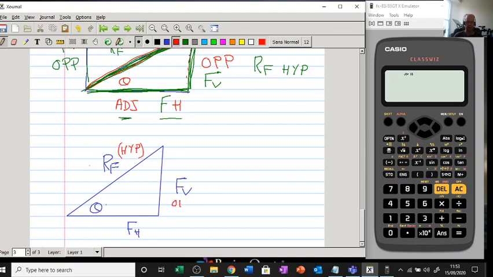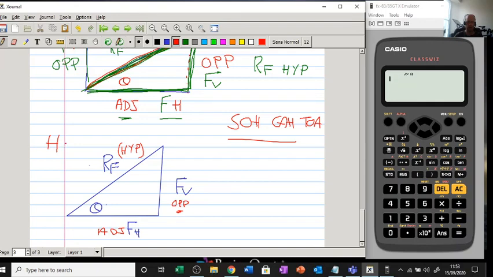This is the opposite, and this is the adjacent. So, trigonometry. If I want to work out the opposite, bearing in mind I know the hypotenuse, I've got a value for that.